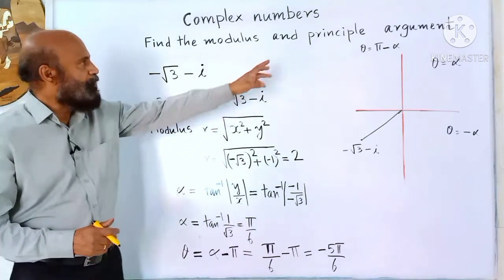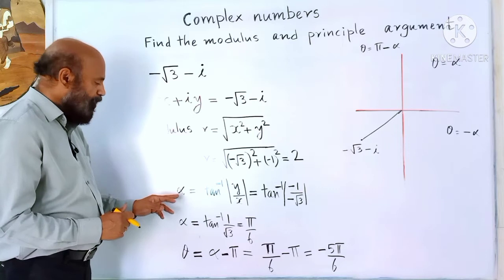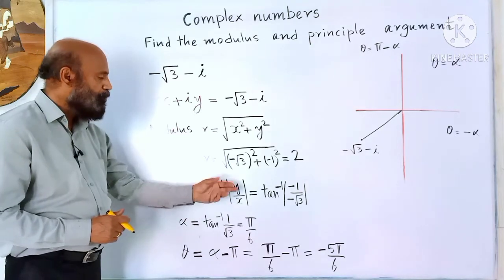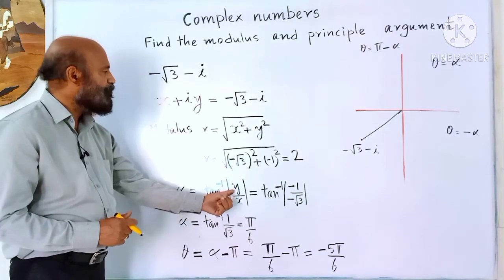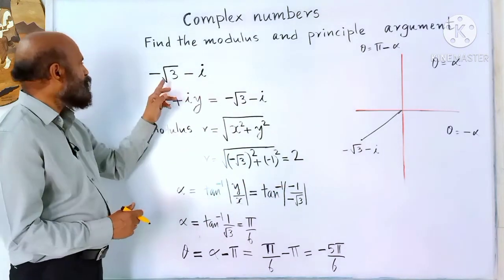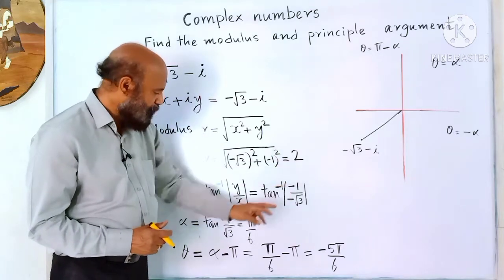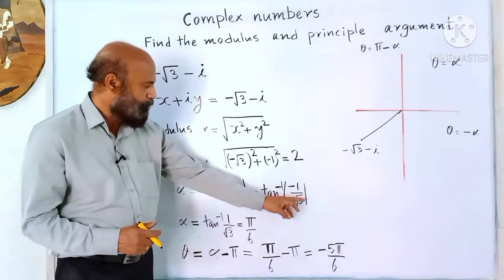Next we have to get the principal argument. First you have to get alpha. Alpha is tan inverse modulus of y by x. Here y is minus 1, x is minus root 3. The modulus is 1 by root 3.